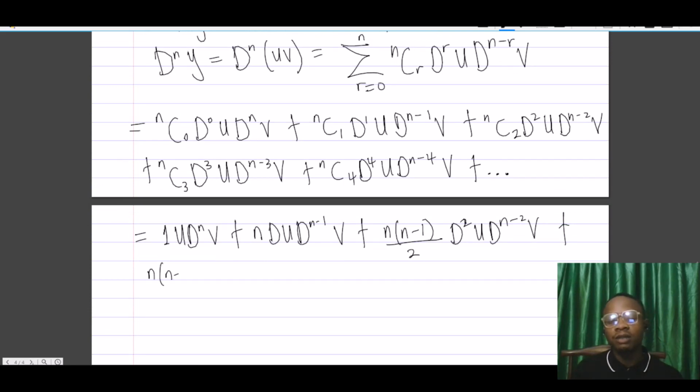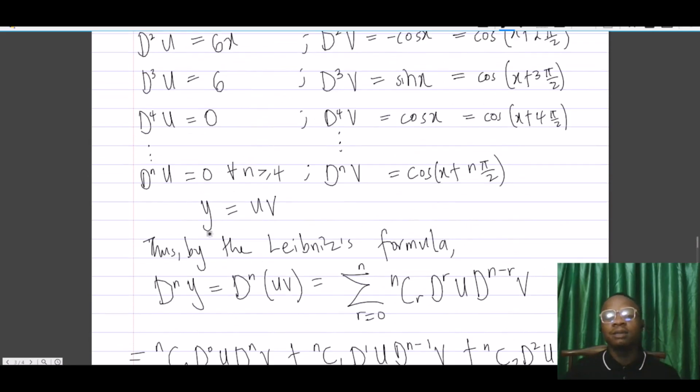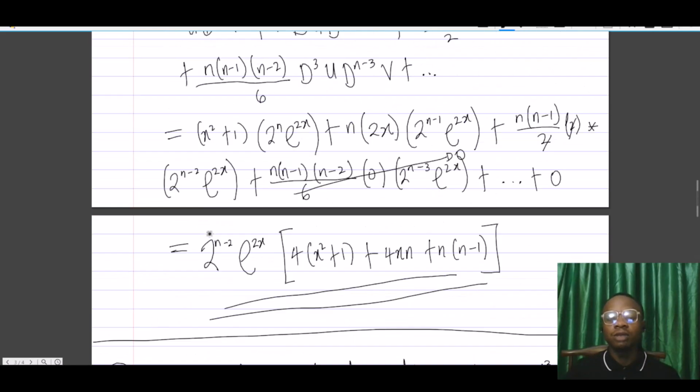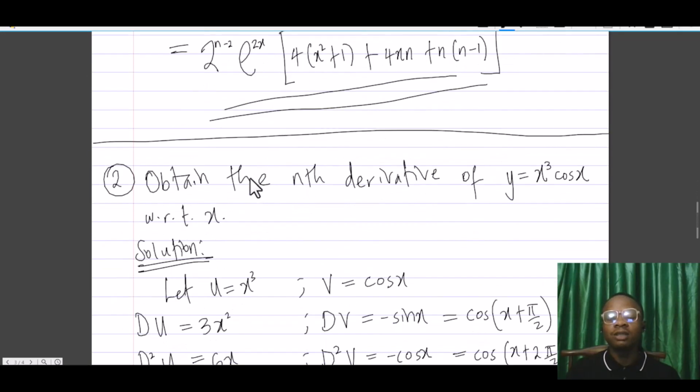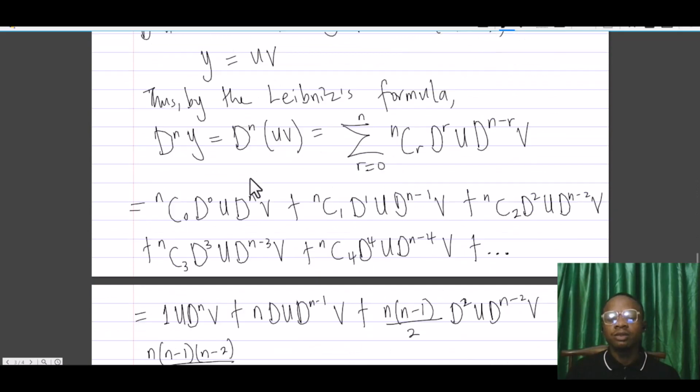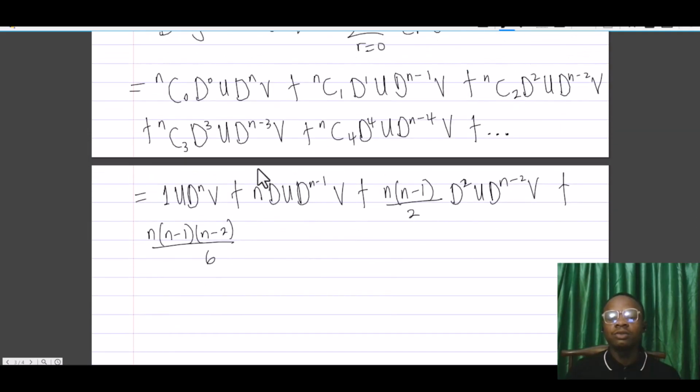So this will be n(n minus 1)(n minus 2), then divided by 6. So you can easily expand that again. If you can't remember that, you can easily do this expansion again, and you see that it's going to give us this result. So there's no need to do the expansion again since you already know what it is.